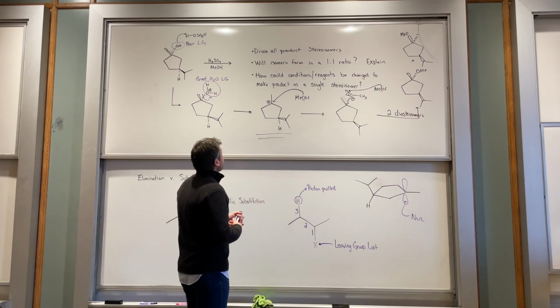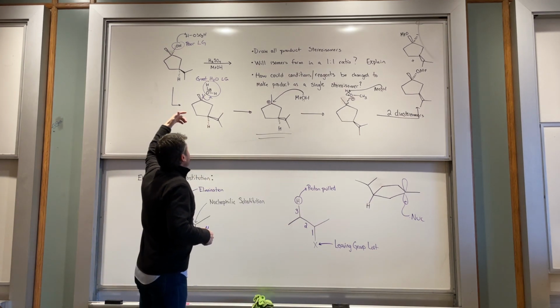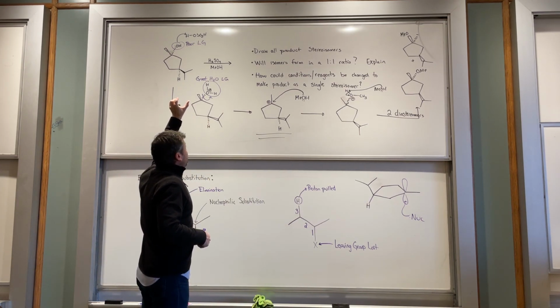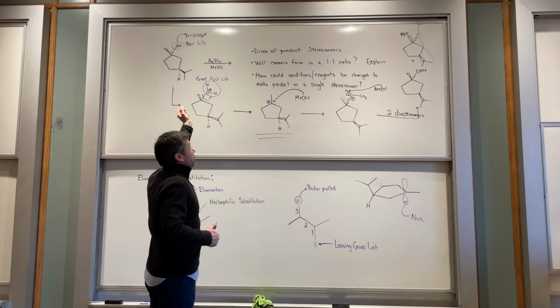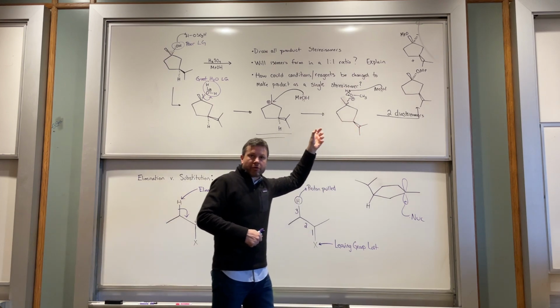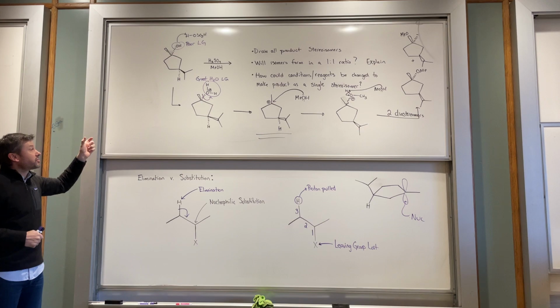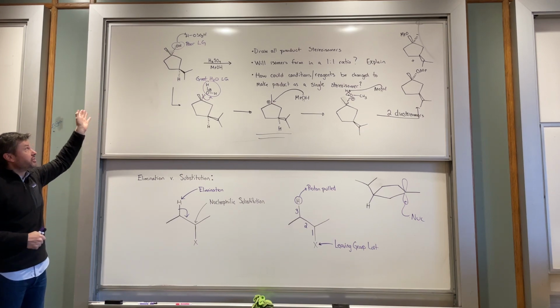Okay. All right, so if this reaction proceeds under the conditions that we've stated on the board with acid and methanol, that's going to lead to 2 diastereomers, not necessarily in a 1-to-1 ratio, but we're going to see both diastereomers. Can we change this reaction at all, the conditions, the reagents that we're adding?